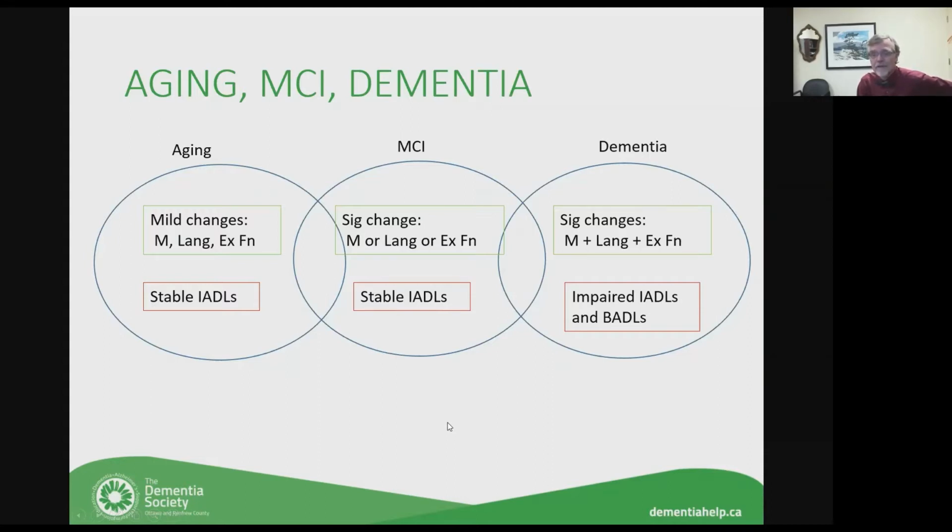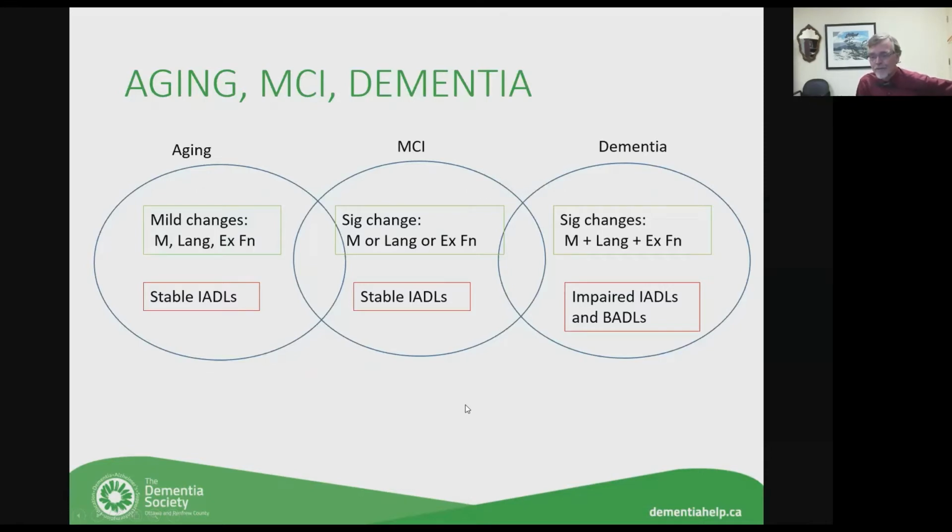Now, there are conditions that can cause mild cognitive impairment that are treatable. So let's say you have a severe thyroid problem and it's affecting your ability to think clearly. And so we test you and you do very badly in testing, but you're still functioning okay in society. So we'd call you mild cognitively impaired.